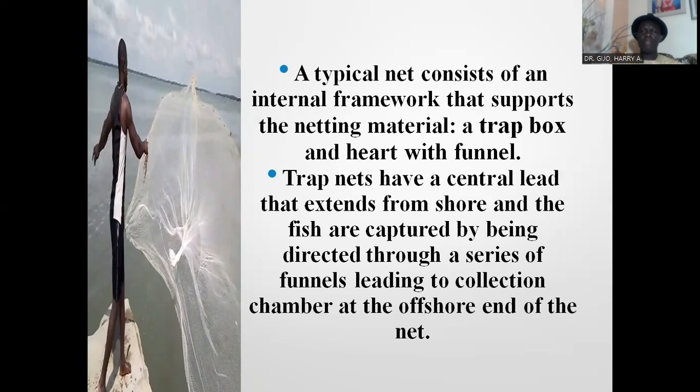A typical net consists of an internal framework that supports the netting material, a trap box, and a heart with funnel. Trap nets have a central lead that extends from shore, and the fish are captured by being directed through a series of funnels leading to a collection chamber at the offshore end of the net.